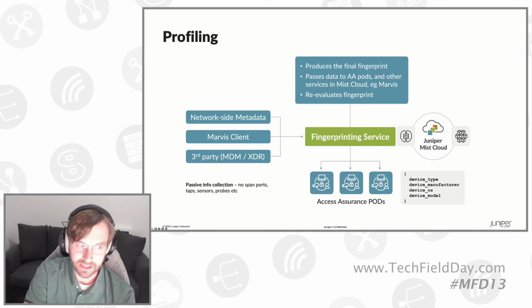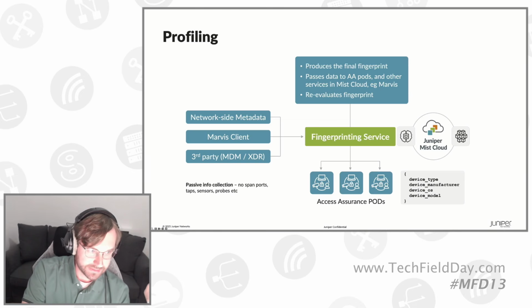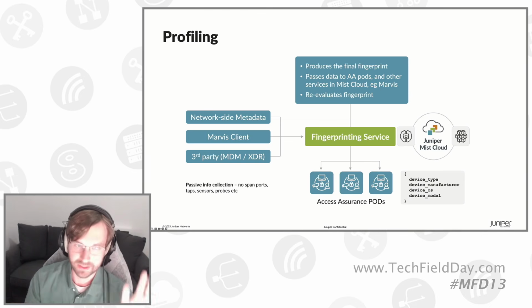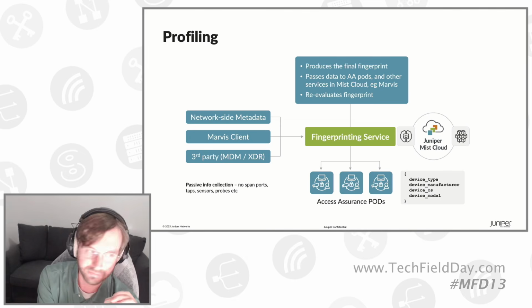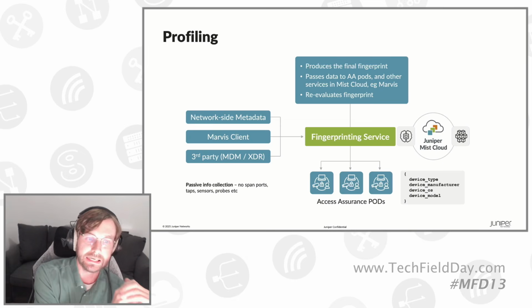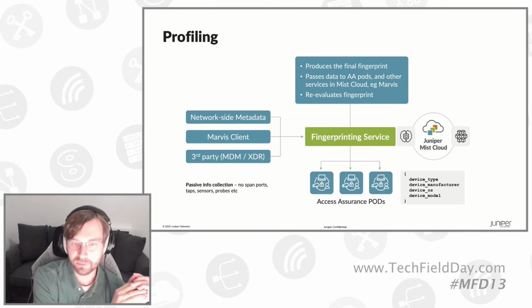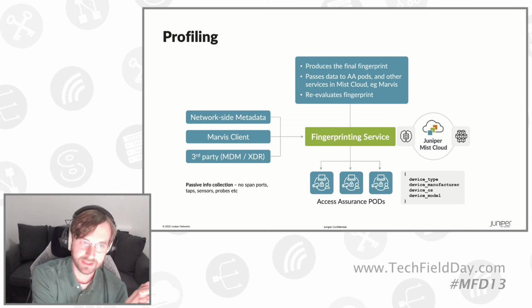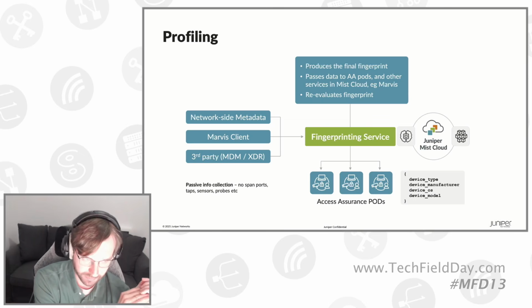So all these MDM, EDR integrations I've spoken about, we actually get fingerprinting info about the endpoints as well. All of that gets sent to the fingerprinting service, which does its magic. It has its own logic on how to prioritize certain information over other. It produces the final fingerprint that it sends down to our NAC pod, so all the policy can be applied, and the proper segmentation will be done.